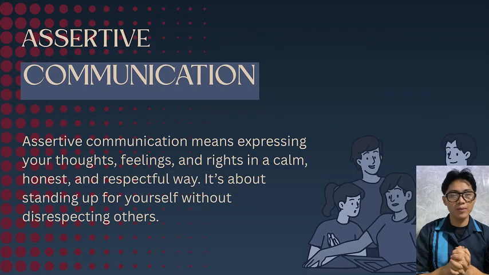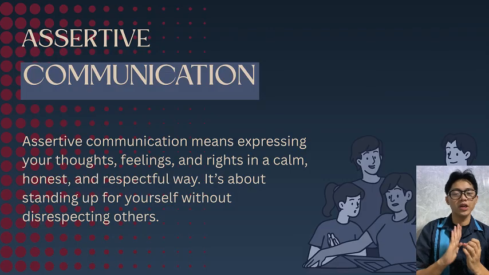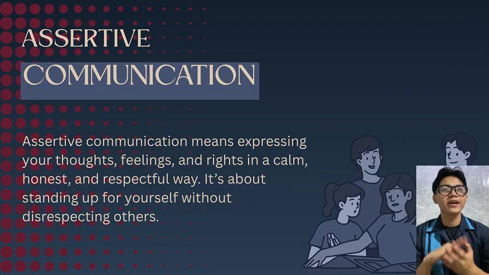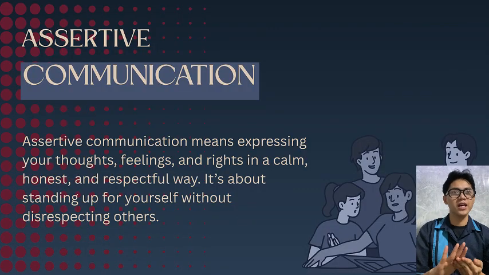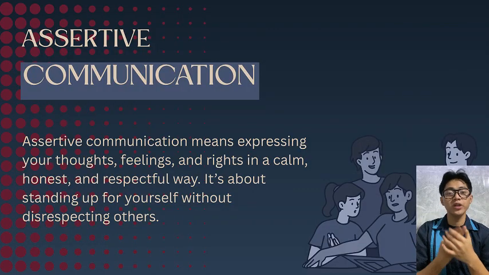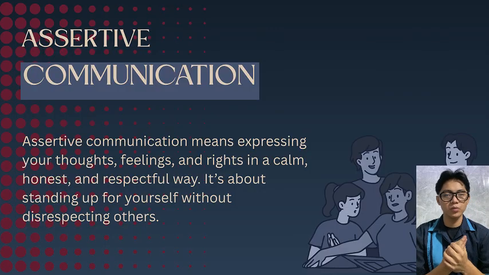Let me check our system to see what happened, and I will do my best to accommodate you with a room tonight. And if we can't, I will help you find a nearby hotel. Thank you for your patience, and let me get back to you in a while. So that is the response: calm, with respect, and clear thoughts conveyed to the guest. That is an example of assertive communication. Being calm, being confident, being clear with respect. So that is assertive communication.